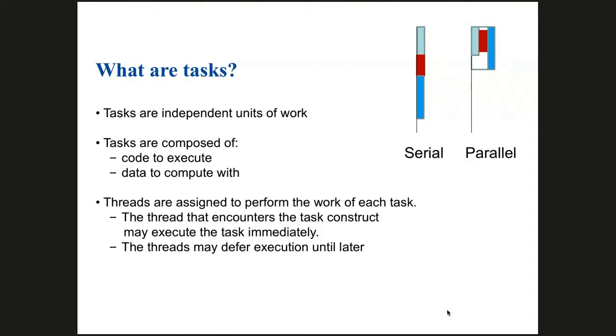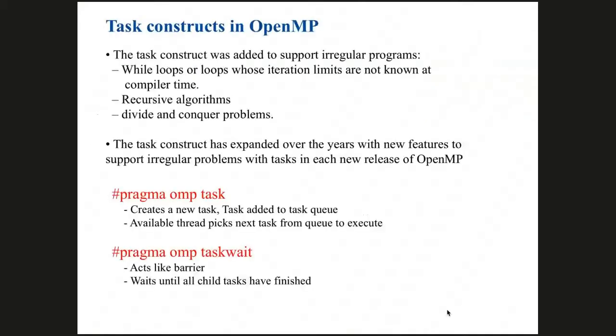So OpenMP comes with the task construct. In terms of form, the task construct is quite simple. The syntax is pragma omp task, and there is a taskwait construct as well.